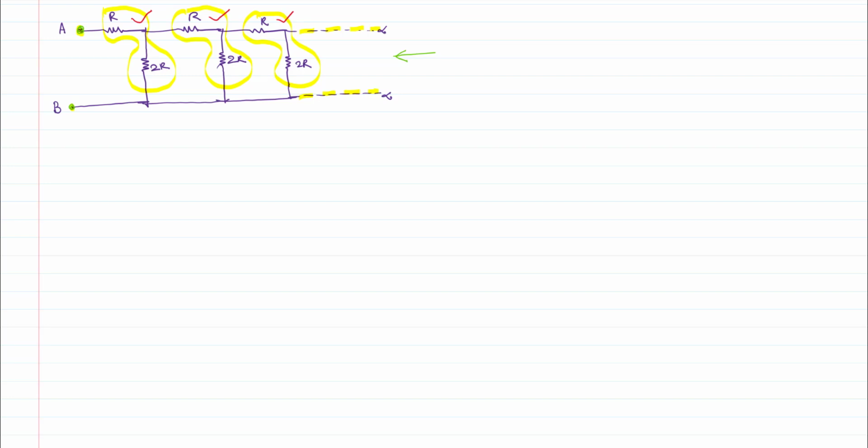So let this entire circuit have some resistance X, which we have to find out. That X is a summation of infinite patterns like this, infinite symmetries like this. As it has infinite symmetries, excluding one symmetry just to solve the problem is not going to make any difference to the problem.